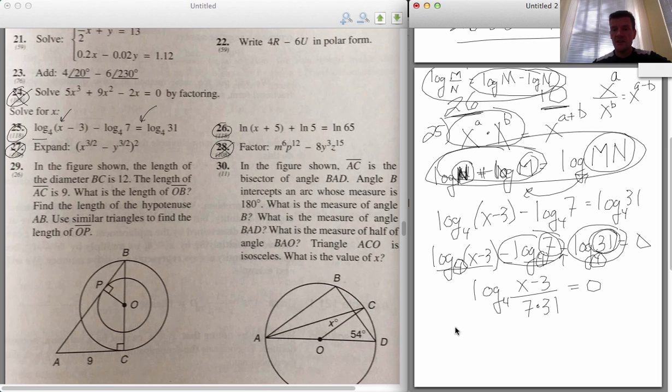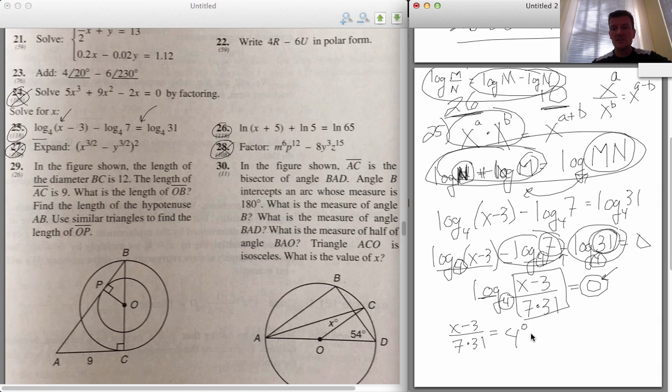Now I have x minus 3 over 7 times 31, and I'm going to write this now in exponential form. Remember, this base is 4, and log equals exponent. So this is my exponent right here. So I'm going to rewrite this as the argument equals the base raised to the exponent.